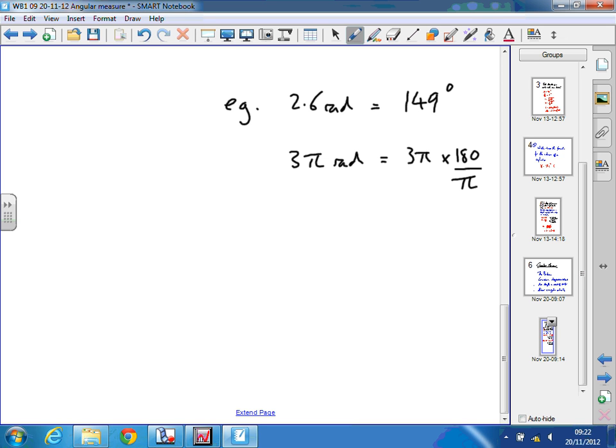And straight away, you see that the pi's cancel, so that's 3 times 180, which is 540. So if you're given the angle in terms of pi, and that's why it's often in terms of pi, when we convert, the pi's cancel. So that gives us an exact answer, 540 degrees.